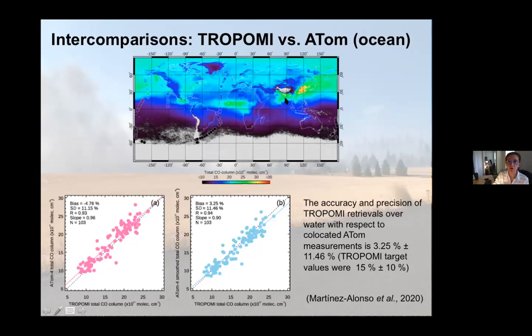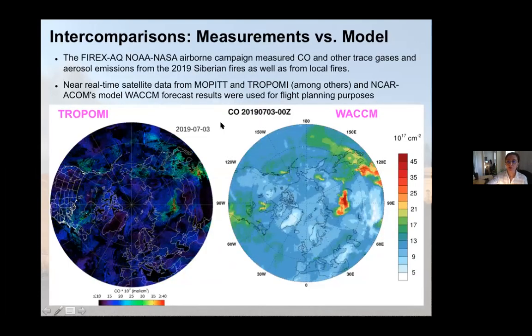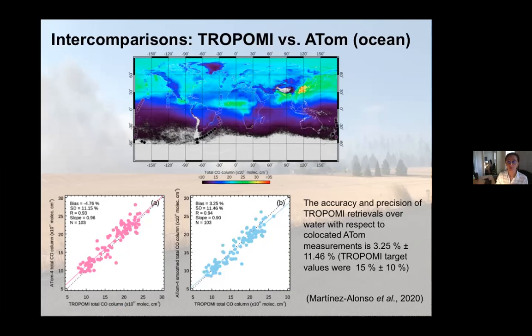Here at the top, you should see the little circles from the ACOM vertical profile values on top of the TROPOMI map for the same time period. And it's a good thing that you don't see the circles very well, because that means that both retrieved very similar values.